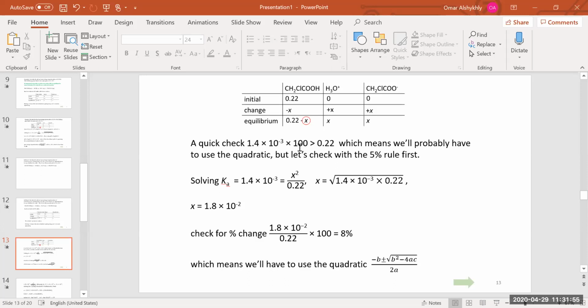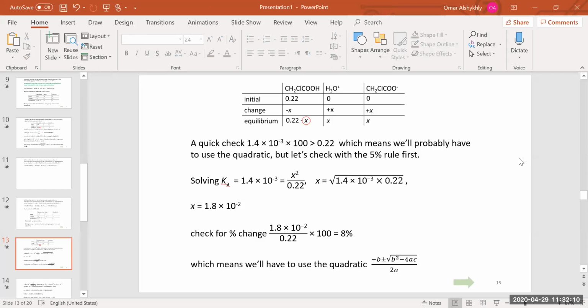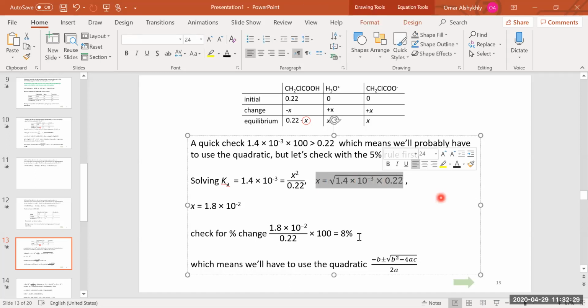It will not be larger actually, it will be smaller. Okay, guys, so here you can solve, but you do the approximation like what they did here. They did the approximation, and they found the x.